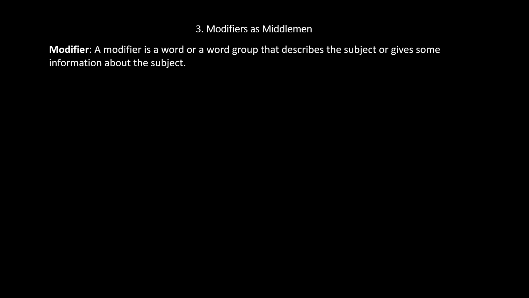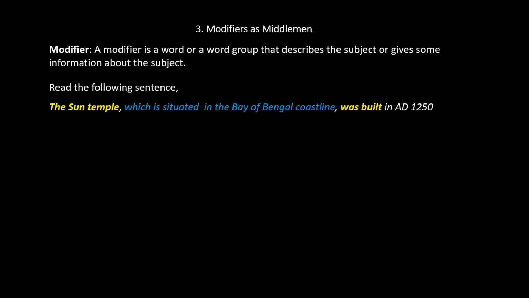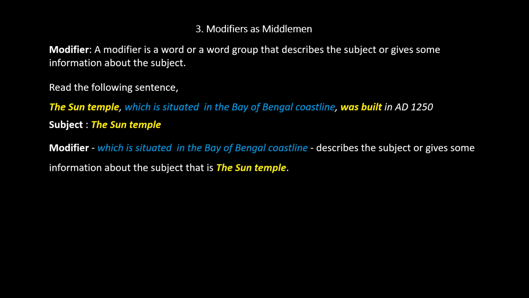In this sentence, the subject is the Sun Temple and the modifier is which is situated in the Bay of Bengal coastline. This modifier describes the subject, that is the Sun Temple, and gives some information about it. Note, sometimes a modifier hides the subject by intervening or by coming between the subject and the verb.